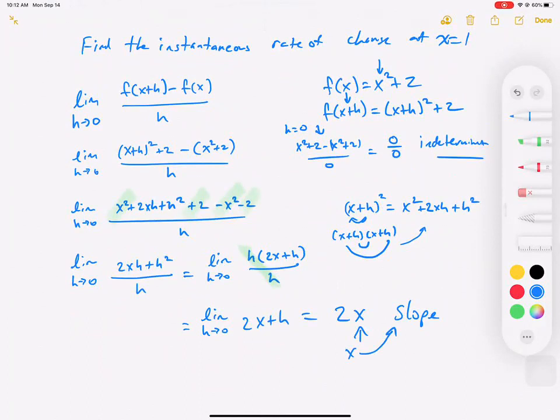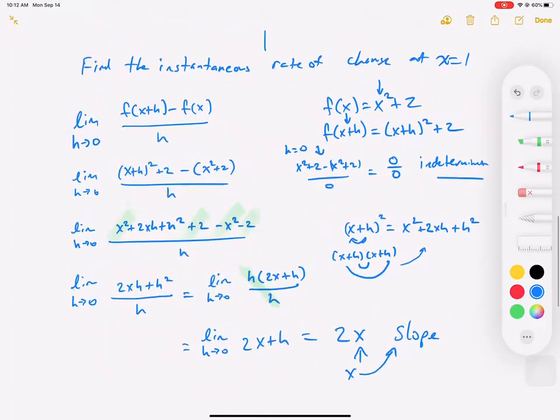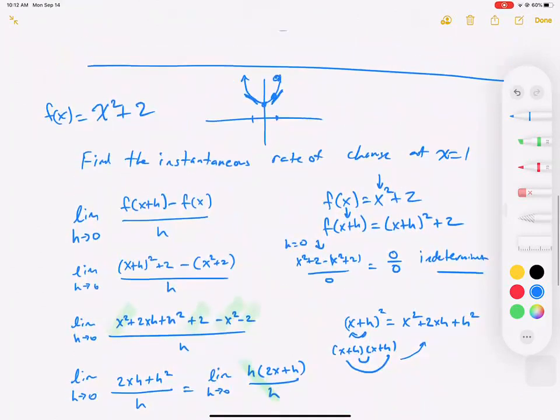Now let's see if this works. Let's go back and look at my example from before. So this was our basic idea of this graph. Now, I'm going to put up some points. If x is 1, the slope looks like it should be positive.